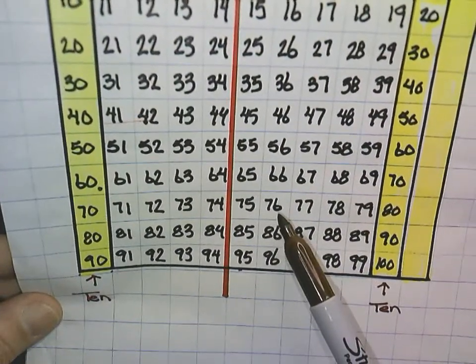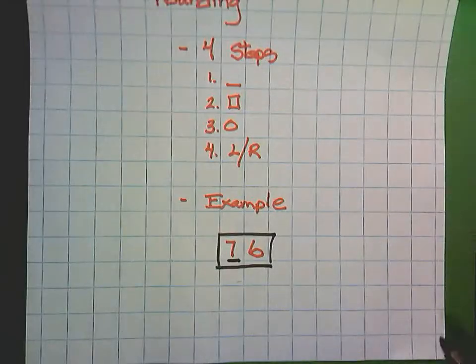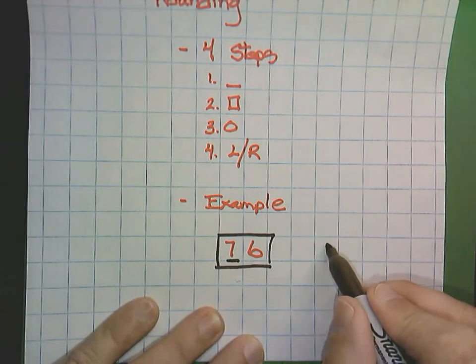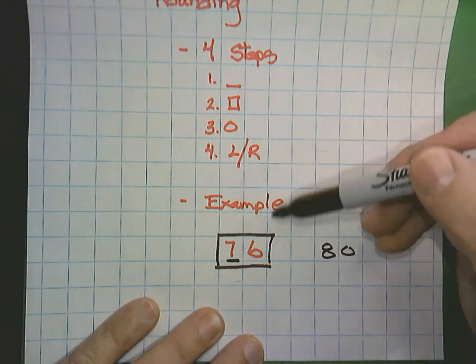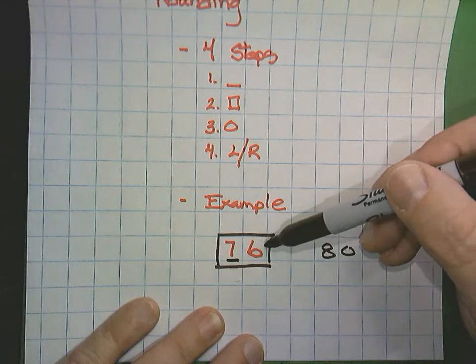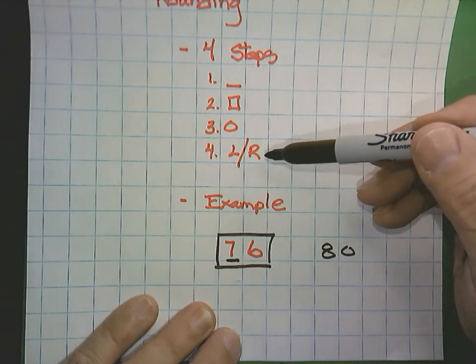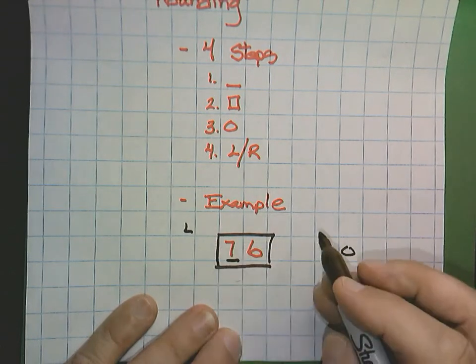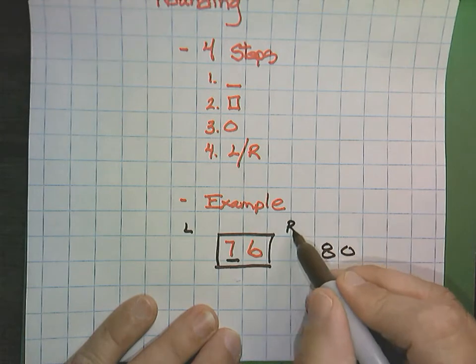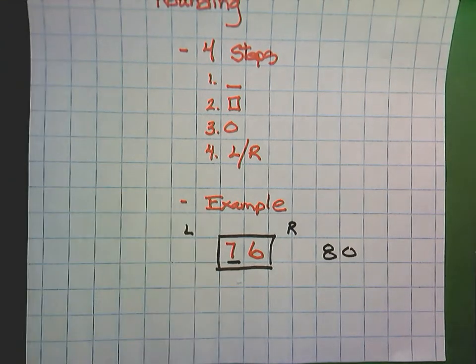Here it is, 76, and that rounds to 80. And then we have rules for left and right, but again, these are really easy because it's just two digits. Usually when we round larger numbers, you may have some digits on the left side of this box, or you may have some digits on the right. Now, we won't really need that for today's lesson.